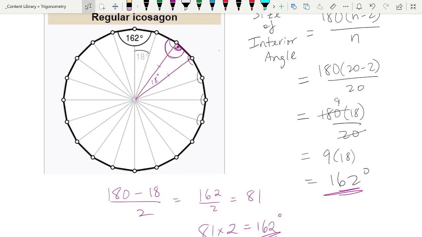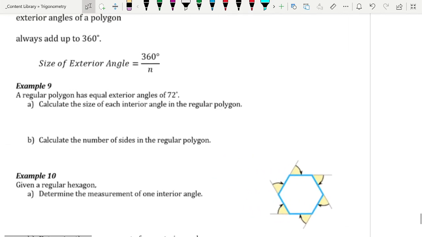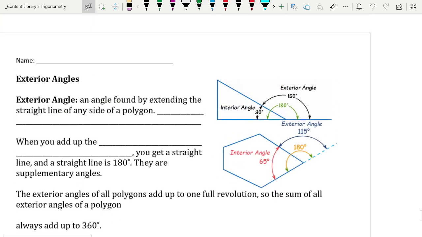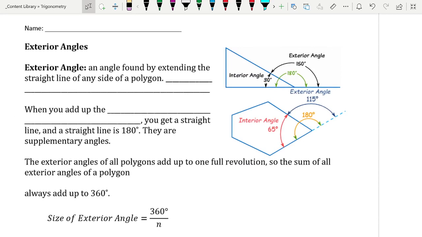Okay, we got one other thing we got to learn how to do in these polygon shapes. We have to learn how to handle exterior angles. So go back to the notes, and top of this page here, exterior angles. Okay, first of all, what is an exterior angle? Well, we kind of learned this yesterday. It's the angle that is supplementary to the interior angle.